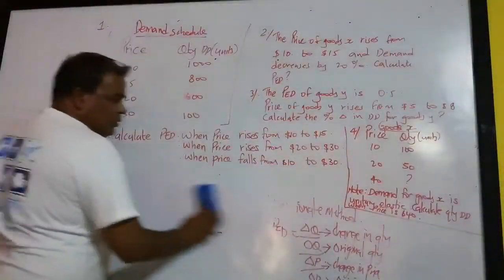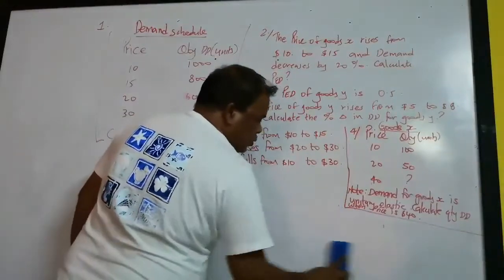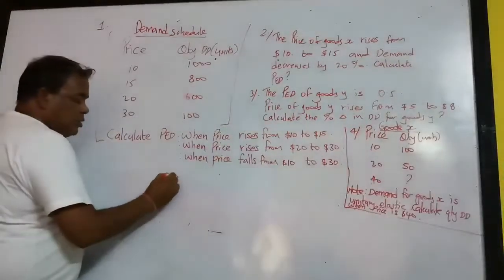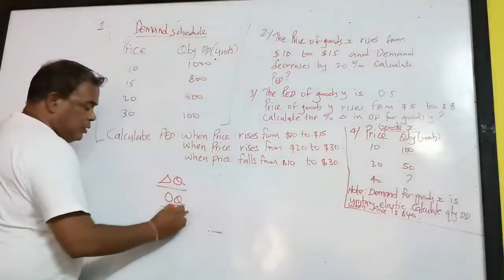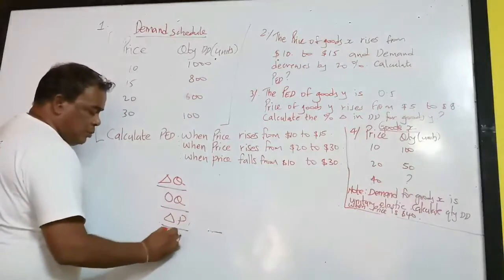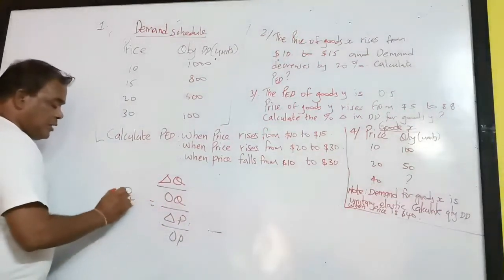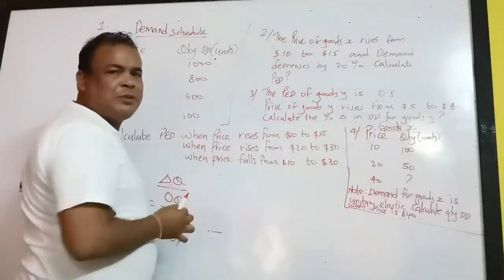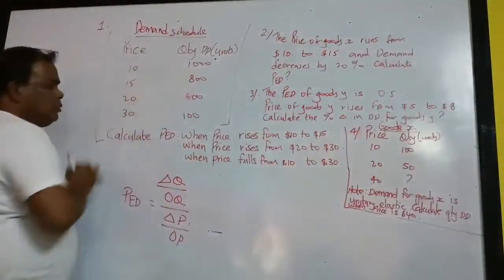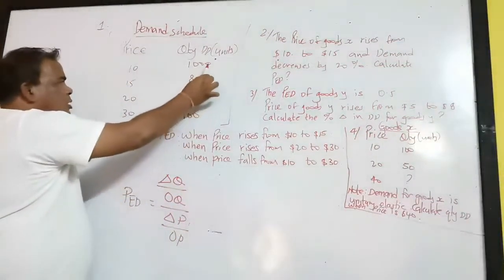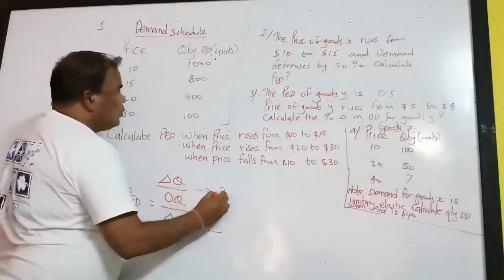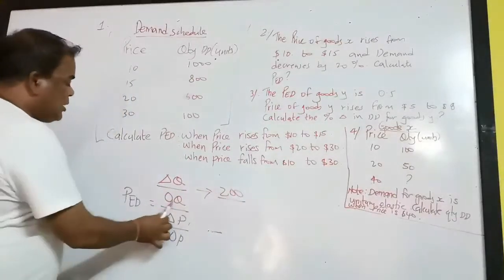Now, we will apply the proportionate method first. The formula is change in quantity over original quantity, over change in price over original price. When price rises from 10 to 15, change in quantity, how much? 1,000, and now the quantity is 800. Change in quantity, 200, over original quantity.